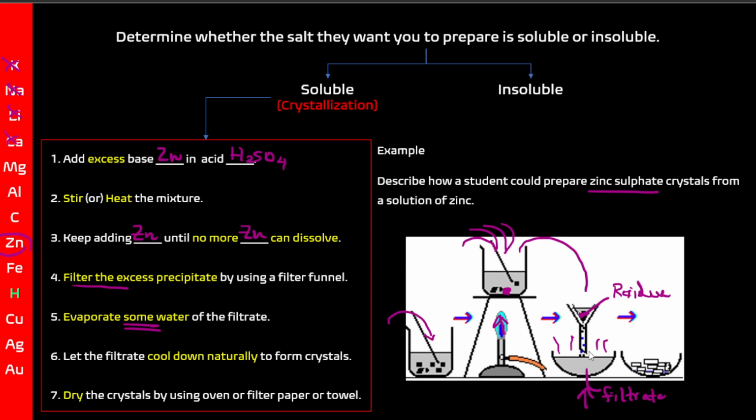After we evaporate some water, we let the filtrate cool down naturally and form crystals. Since the crystals will be wet, we have to dry them using an oven, filter paper, or towel. Alright, so try to write these down on your own, okay? Imagine this sheet in your head and then try to write them down. That'll be a good practice.